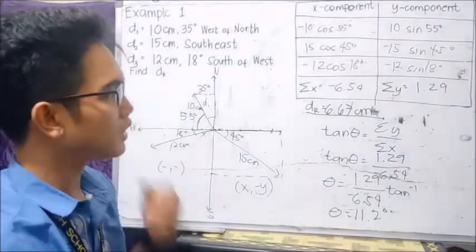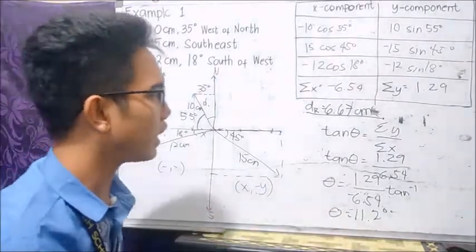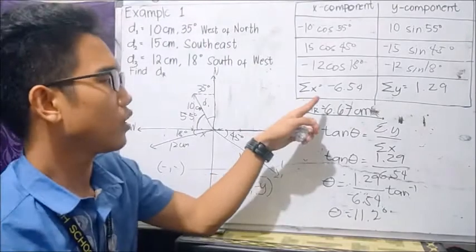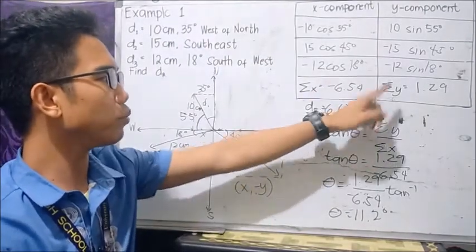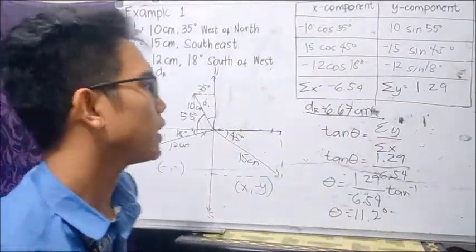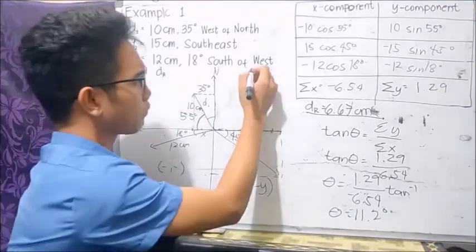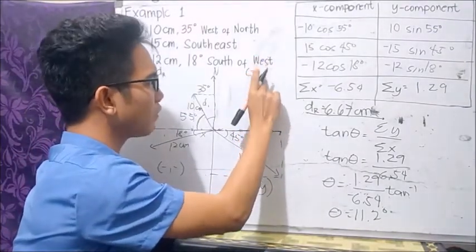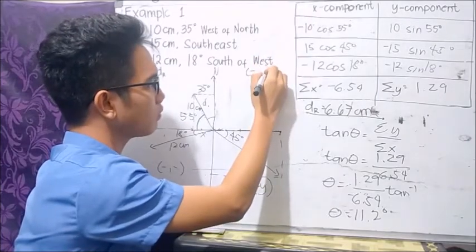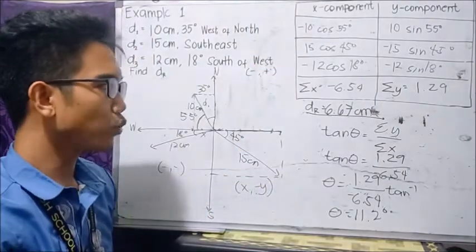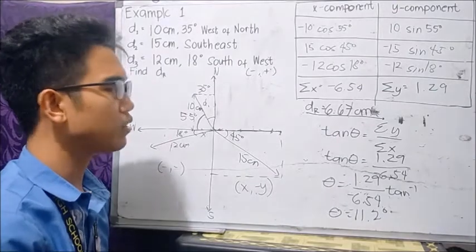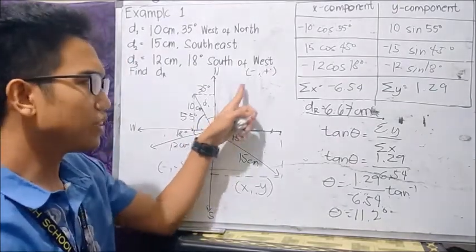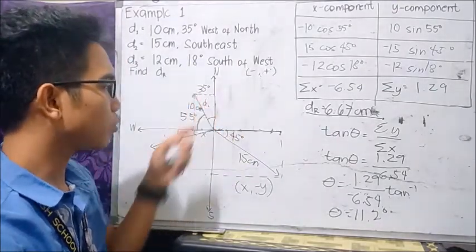Based on the components, we have a negative x component and a positive y component. At what quadrant can we find those values? We find them on the second quadrant.